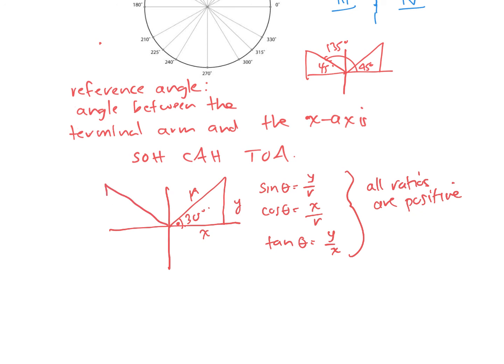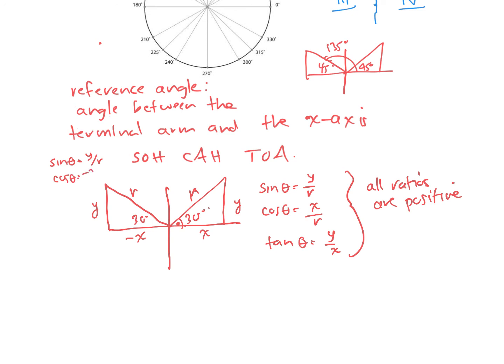If I draw the same triangle in quadrant 2, now x is negative because I'm in the negative part of the x-axis, y is still positive, and r is still positive. So if you look at the three trig ratios in this quadrant, sine is y over r, so that's still positive.